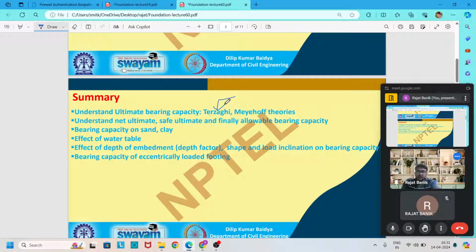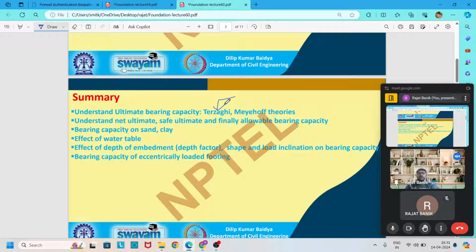And for pure sand, the cohesion of the soil is equal to 0, so the cohesion part is also neglected, which is very useful for finding the bearing capacity for different soil conditions.